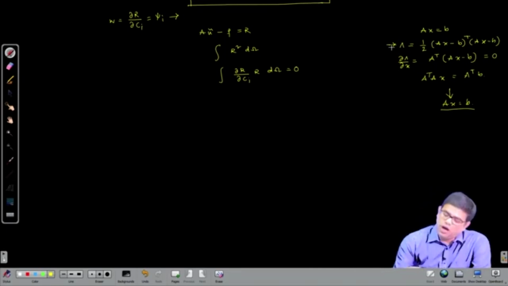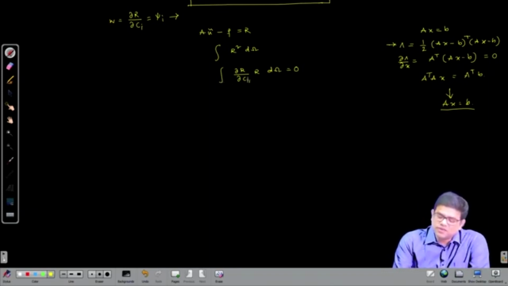matrix. So now the same concept is applied here. So this is the derivative, and R is my residual. Now if I write, this is very similar to this psi i R d omega equals to 0.